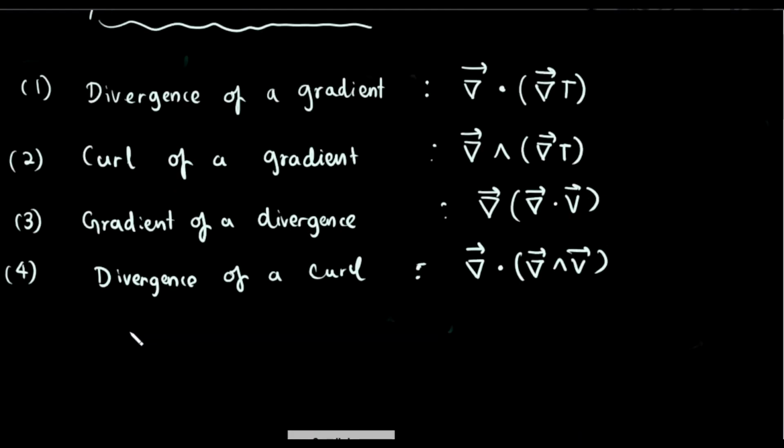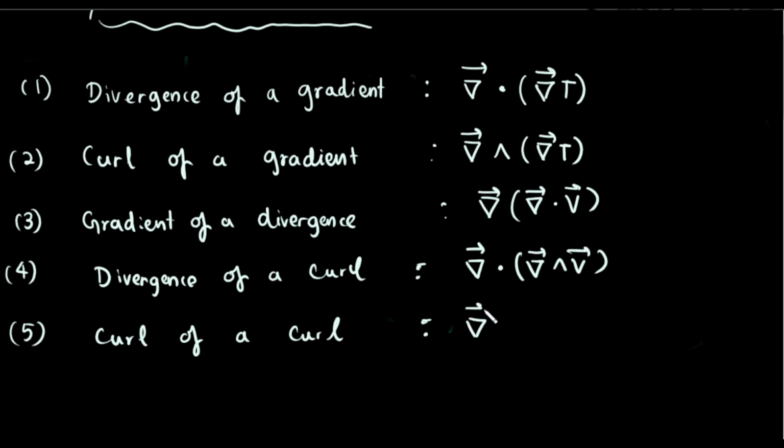And the final second derivative is the curl of a curl. This is the fifth and last second derivative I'm going to talk about. Curl of a curl means the del operator cross product with del cross v.